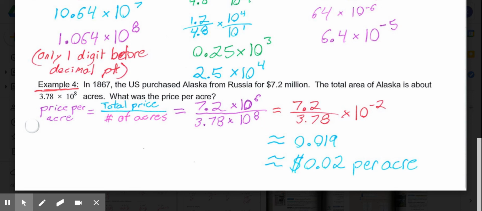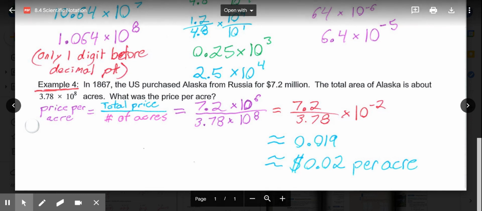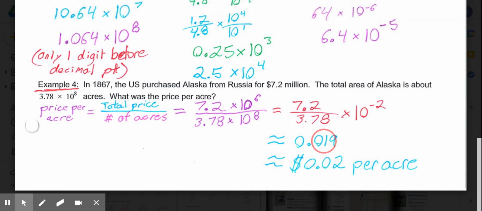That is going to be 7.2 divided by 3.78 times 10 to the negative 2nd. So that comes out to be approximately 0.019. And if we're rounding that to the nearest cent, that would be approximately 2 cents per acre.